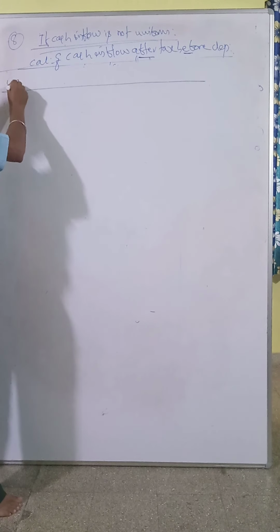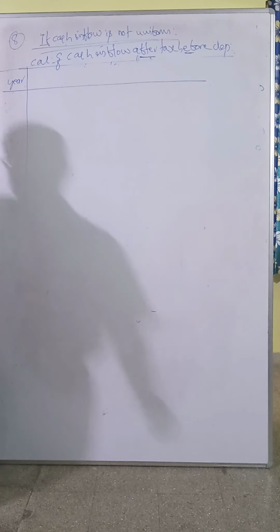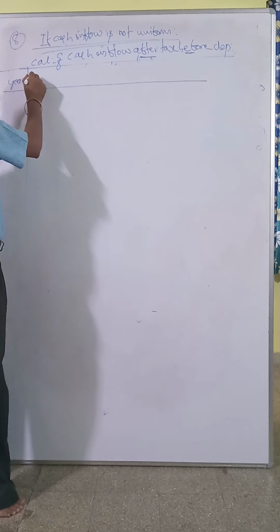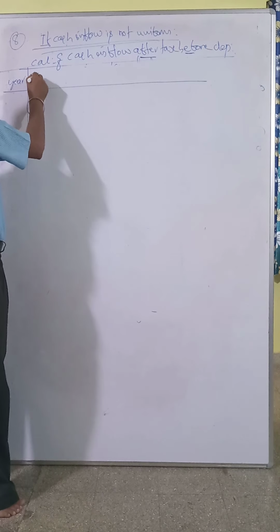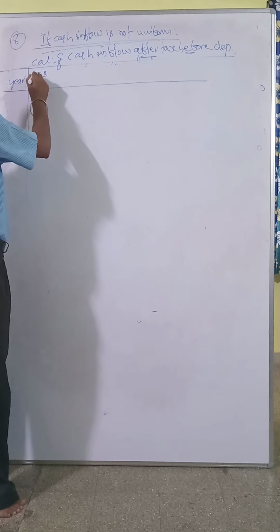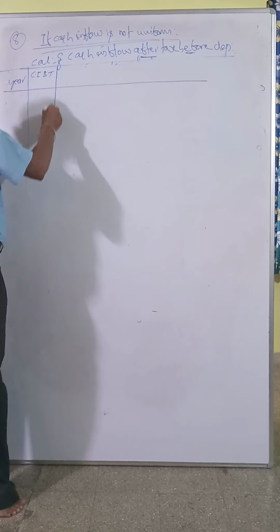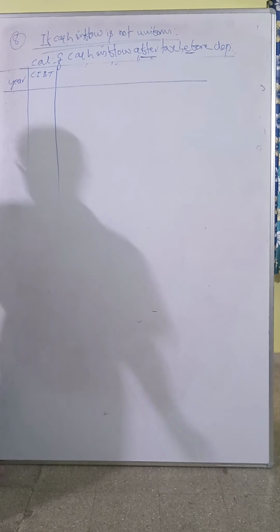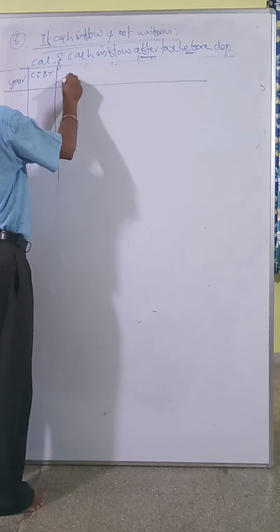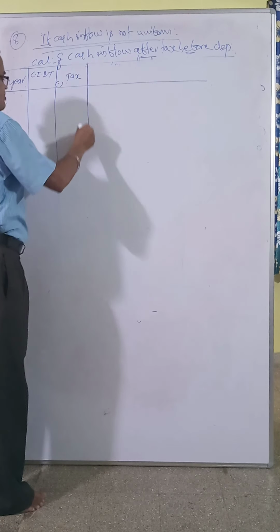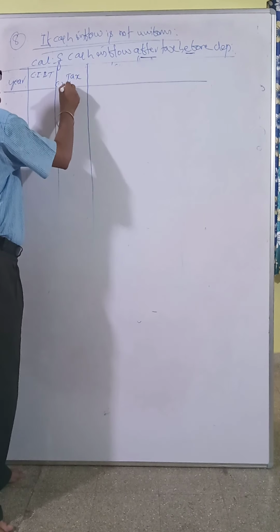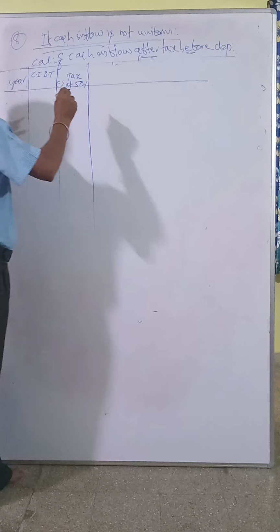The first column is given in the question: profit or cash inflow before tax. Before tax is given, now we want after tax. That's why you have to minus tax at a rate of 50%.